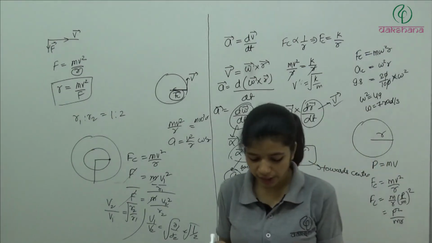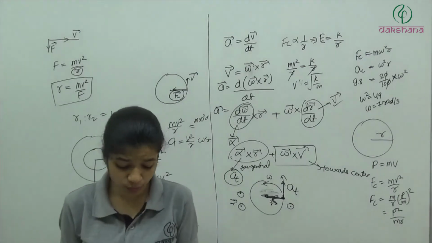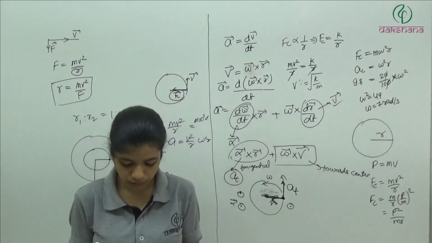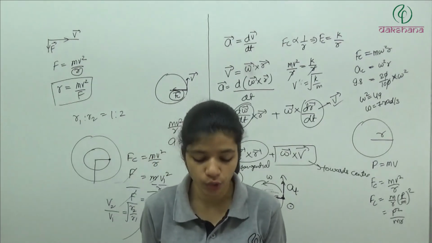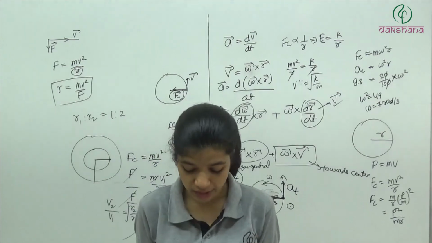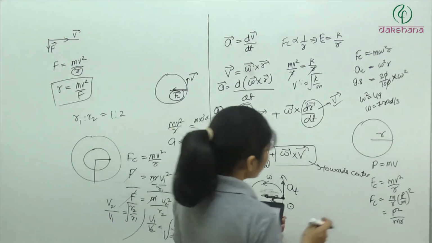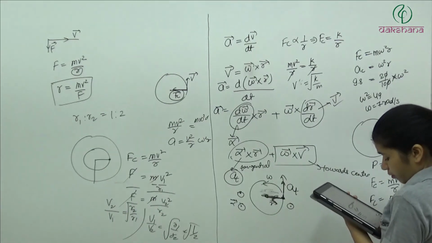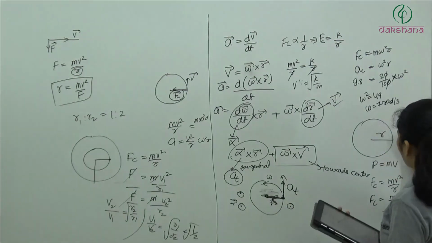Question number D3. A particle is moving in a horizontal circle with constant speed. Does it have constant velocity? No. Acceleration? No. Kinetic energy? Yes. Displacement? No. So it is moving in a horizontal circle with constant speed.